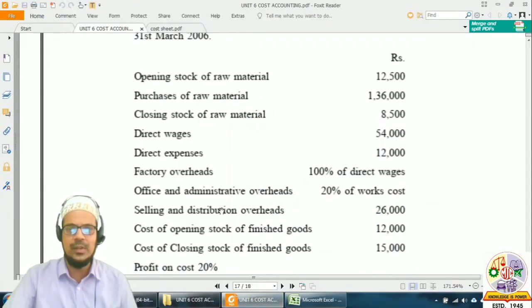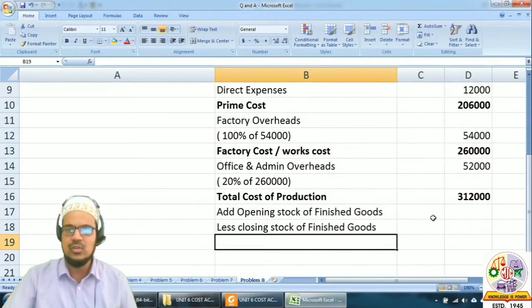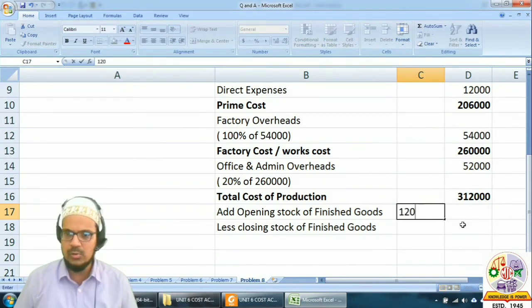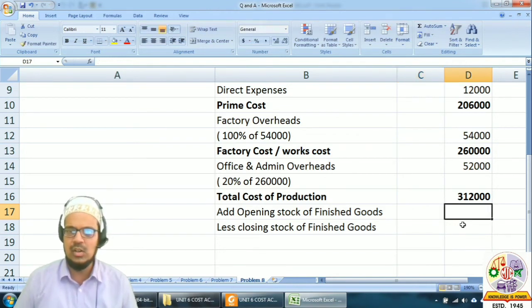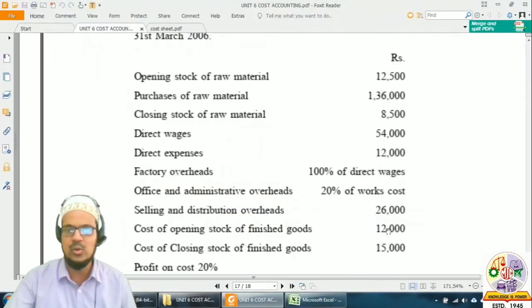So how much is the opening value of finished goods? It's 12,000 and the closing value is 15,000. So opening stock 12,000 add, we won't write it in the inner column, directly we will go for outer column. 12,000 opening stock add and less 15,000 closing stock. Okay, both these values are given in the problem itself.